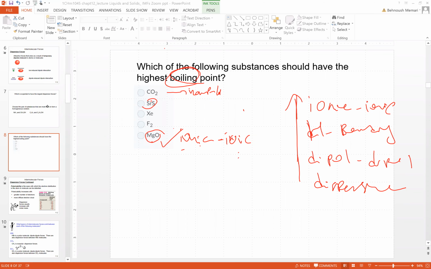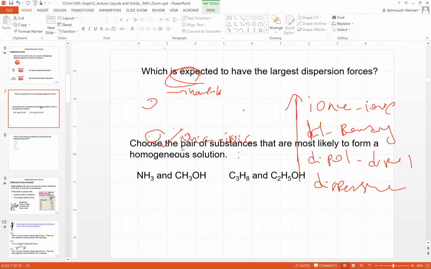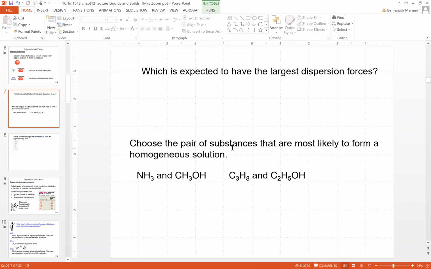Another example says, choose the pair of substances that are likely to form a homogeneous mixture. What does it mean? It means that intermolecular forces must be similar. The intermolecular force for ethanol is H bonding, right? For a hydrocarbon, anything that has only carbon and hydrogen is non-polar, so it's going to be dispersion.